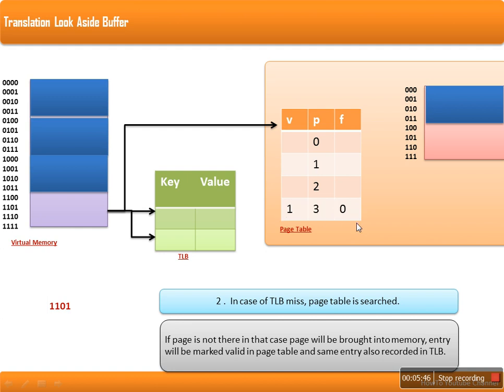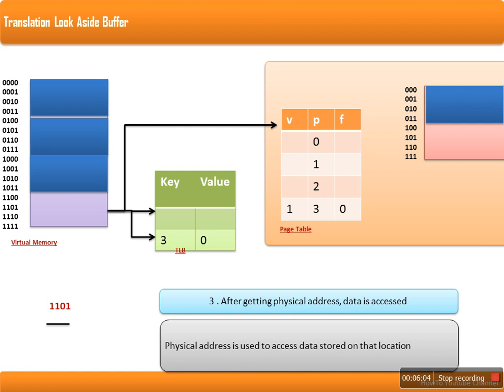After creating this entry, the same entry will be written in the cache memory as well. So this memory says that page number 3 is available in frame number 0. After writing this entry in the cache memory, the corresponding data will be fetched from this address, 001.